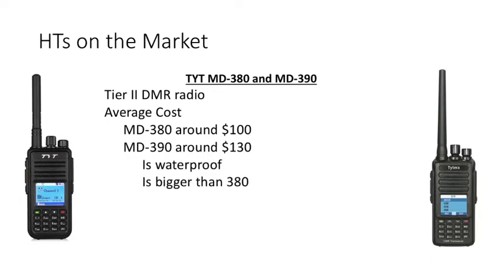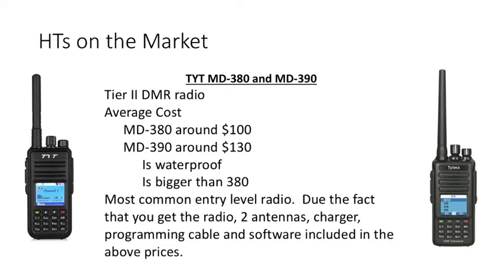The difference between the 380 and the 390 is the size, and the 390 is waterproof. Now, in these two radios, they make a GPS model that's got the GPS feature in both of them. Most people, from what I'm reading, are buying the non-GPS version because some of the DMR repeaters aren't turning on the GPS stuff.